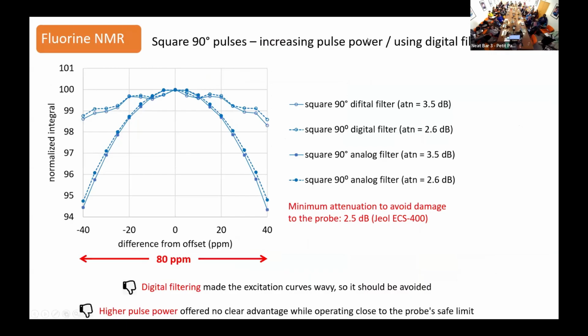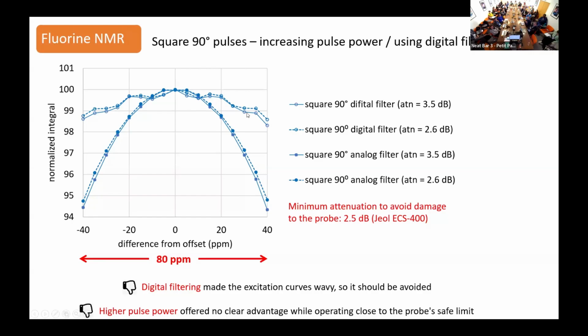In this system, we set the attenuation, so a smaller attenuation means a higher pulse power. And also we tried the use of digital filtering. These two plots here are using digital filtering. The dashed lines are with smaller attenuation and higher pulse power.